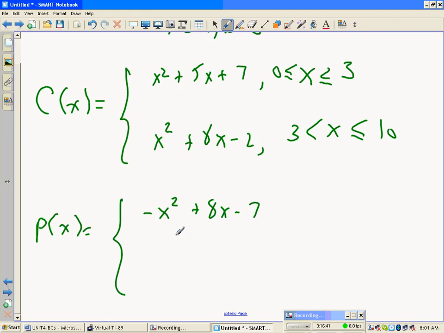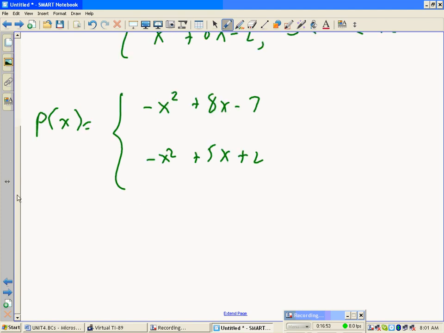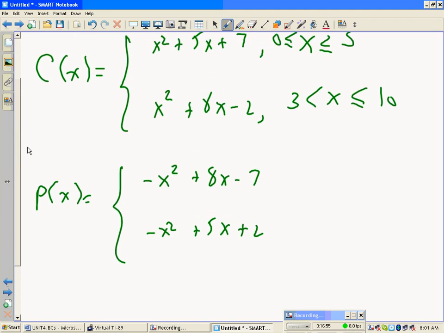And same thing here. 13x minus 8x is 5x, and then subtracting x squared from nothing, it becomes negative, and subtracting negative 2 from nothing, it becomes positive. Same domain.